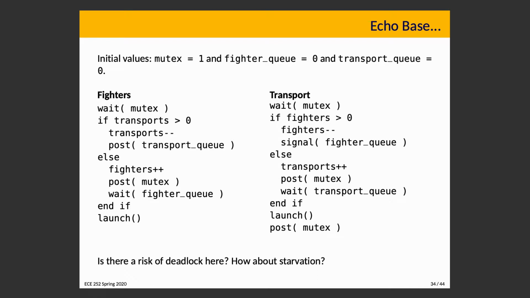We'll start with the fighters code and then over to the transport code. So fighters wait on the mutex, and if transports is greater than 0, so there is at least one transport waiting, decrement the number of transports, and then post on the transport queue, thus telling whatever transport is at the head of the queue, let's go, we'll leave, and then skip over the rest and launch.